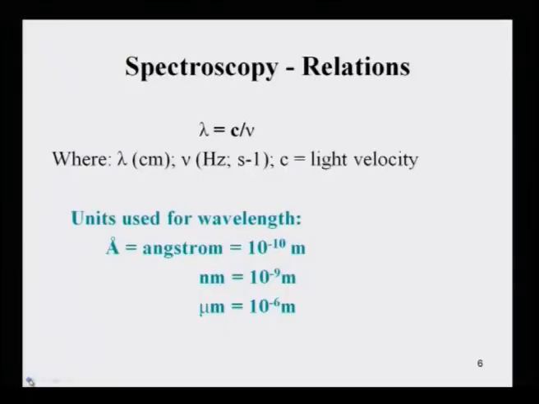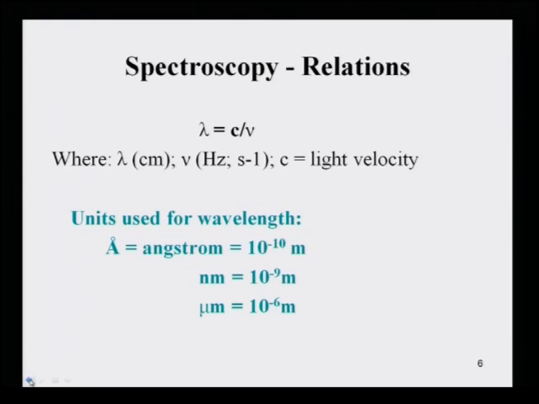So, lambda, which is the wavelength, is equal to c by nu, and the units of wavelength are normally angstrom, which is 10 to the power minus 10 meters, or 10 to the power minus 9 if it is nanometer. If it is micrometer, it is 10 to the power minus 6 meters.